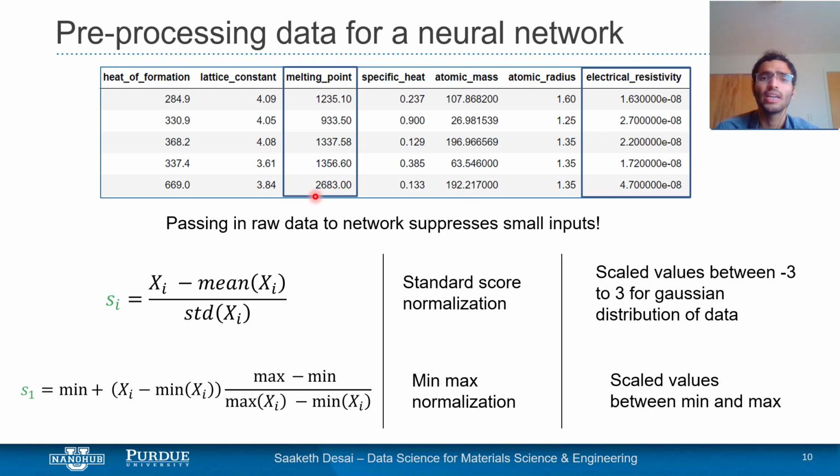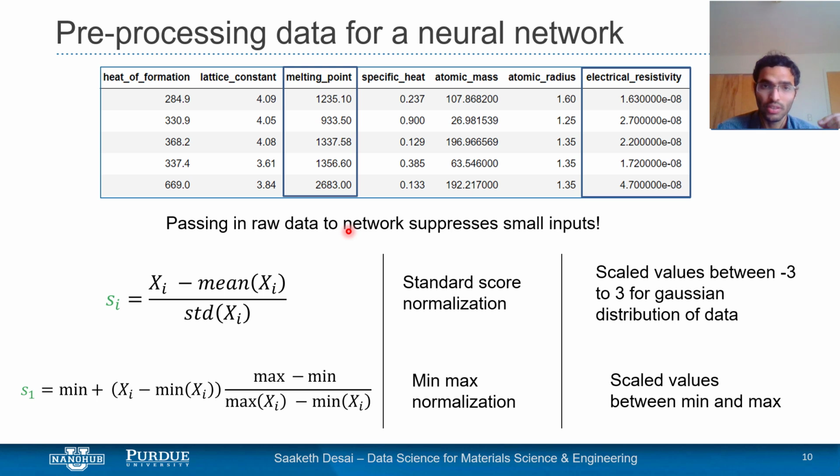So you could say that I'm now going to scale the melting point using min-max normalization such that all the melting point values are now between 0 and 1. And applying this scheme to each column of our data set means that we have now reduced all the inputs to be between -3 to 3 or 0 to 1, let's say, meaning that we have removed this problem of the data being in different scales and different units.